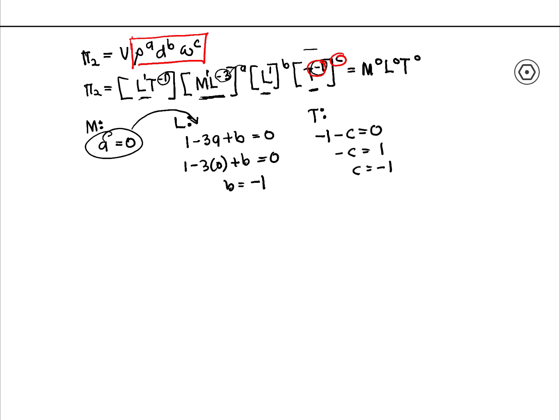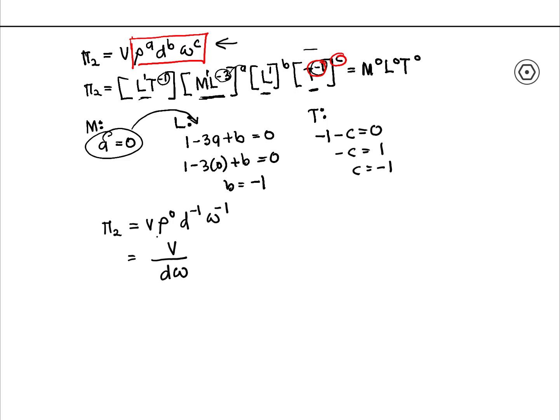So substitute all the values inside this equation. So pi 2 equal to v rho to the power of 0, d to the power of minus 1, omega to the power of minus 1. So we have v over d omega.